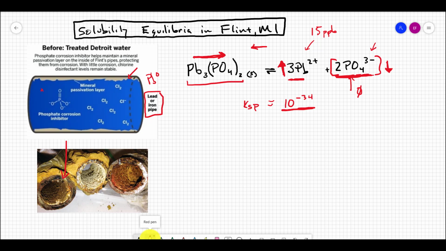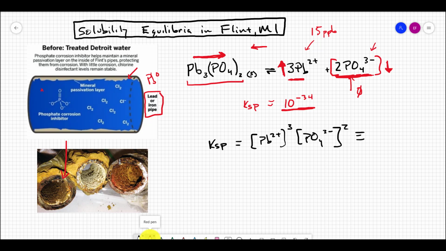So if we were to write this up just to illustrate what a Ksp expression, or an equilibrium expression, would look like, remember Ksp in this case is going to be equal to the concentration of those two ions raised to their respective coefficient powers. So this is going to be lead 2 plus to the third, and then phosphate 3 minus squared.